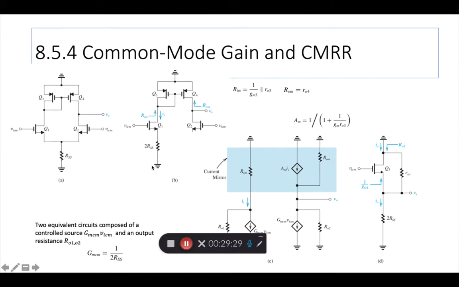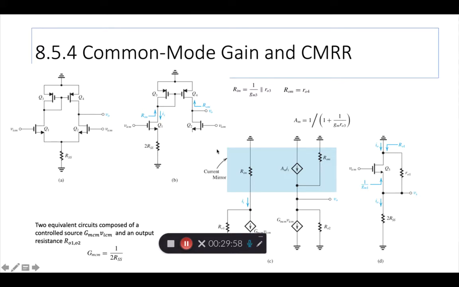So again, to find what common mode gain is in this circuit, you can see how the common mode input signal is shown. The same value is shown in both cases, but we want it to be rejected, right? And what is the value of that gain?